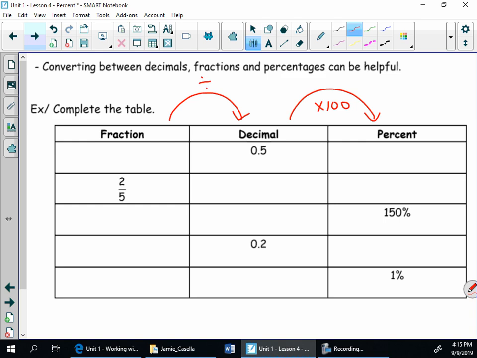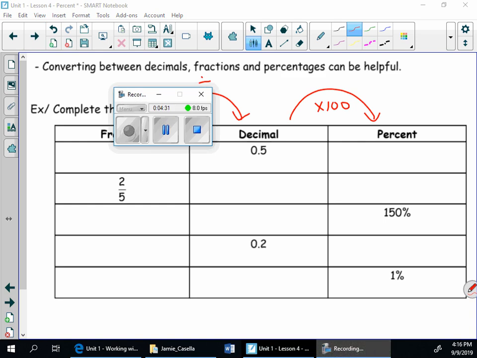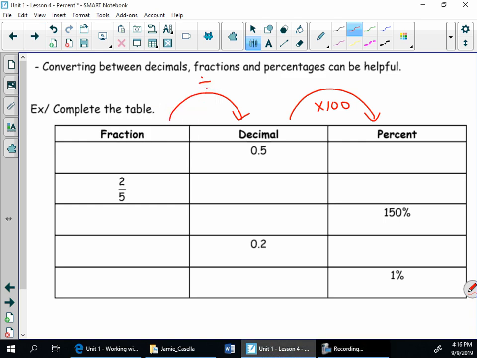So we have 100 units. And to turn a percent back into a fraction, we write it out of 100. That's our portion of 100.